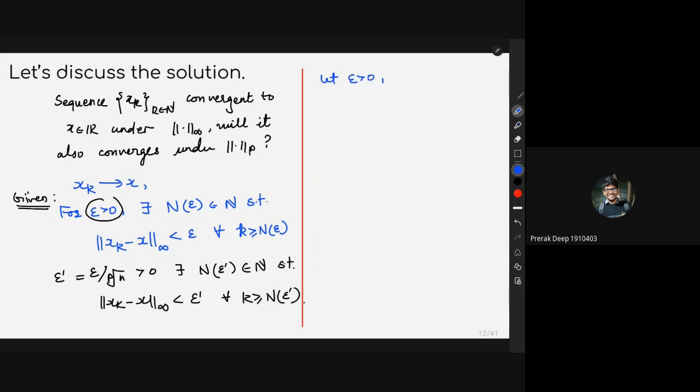And then I need to say that this is smaller than epsilon. But this quantity, I know that this quantity is smaller than the pth root of n times the supremum norm of the same number.